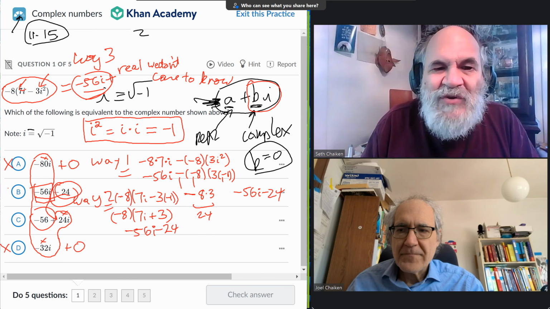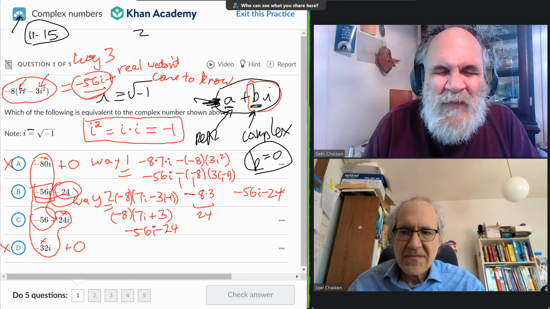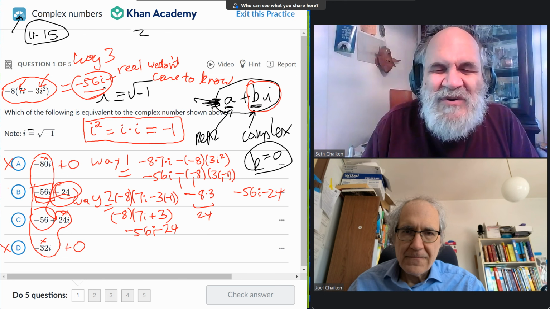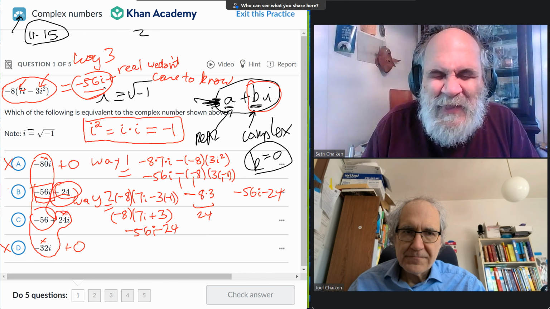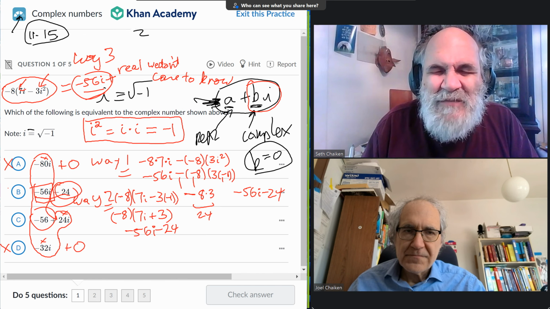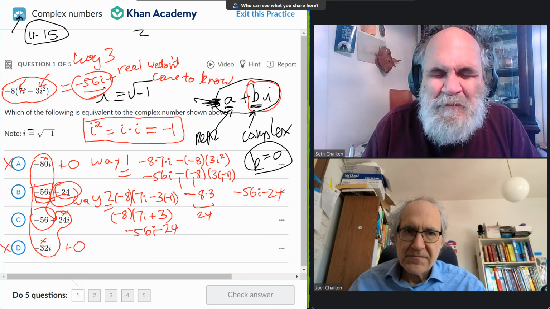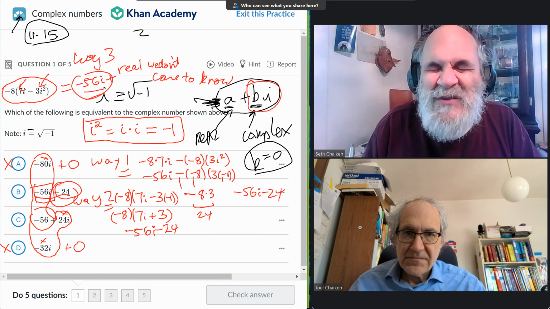Okay. So in a complex number, the whole number is considered complex, and then among them some complex numbers are real, and they are the ones with the imaginary part being 0.